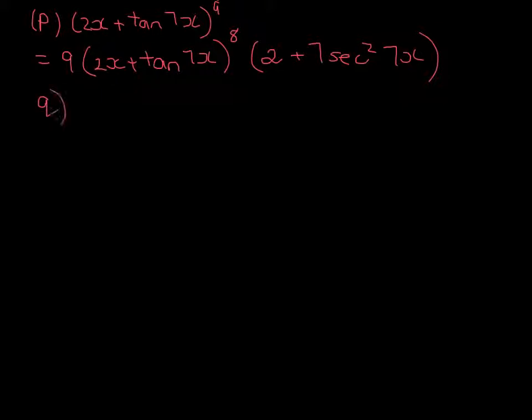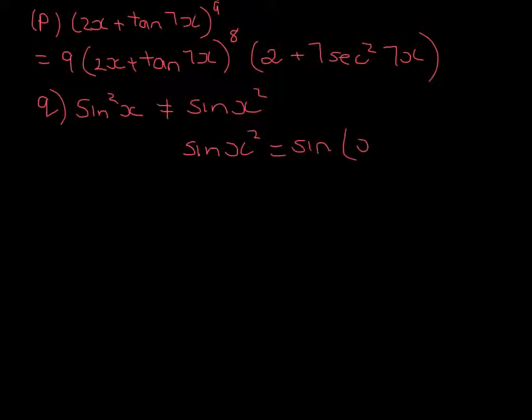And the last one, q, is sine squared x. Now, that is not the same as sine x squared. Sine x squared could be written like that. So the x squared is the function, and the square only applies to the x. Whereas in this one here, if the square is in the middle, that is the same thing as saying sine x all squared.